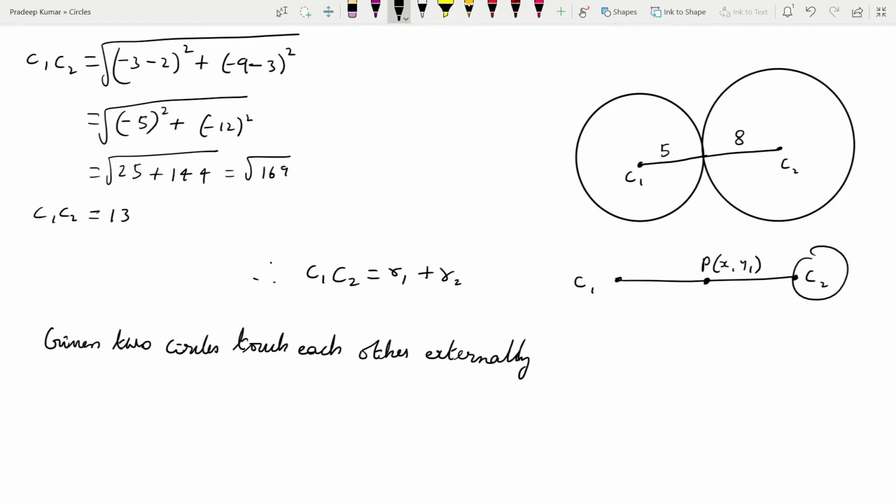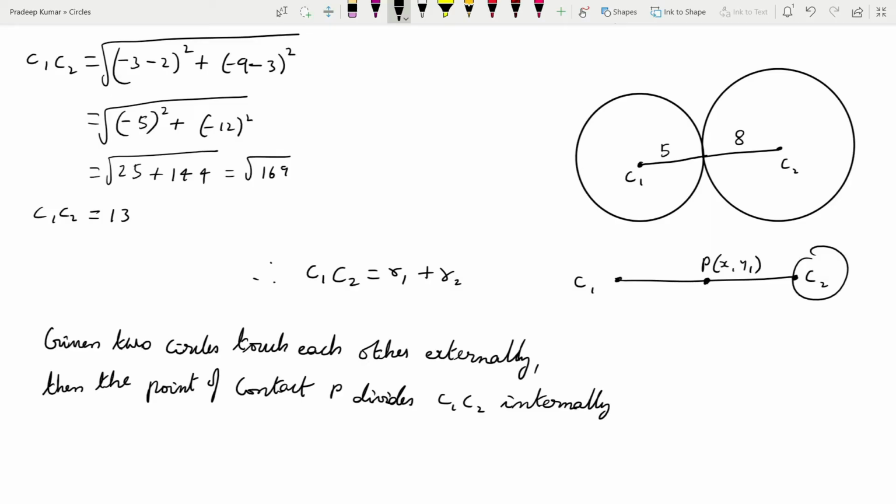So I can write then, the point of contact, as we are taking the point of contact as P, P divides C1C2 internally.